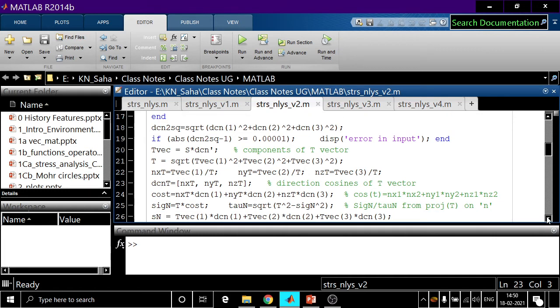Now, what is sigma n? This is our sigma vector. Right? So principal stress along outer normal direction, sigma n, is t into this cos theta, clear? And what is this tau value? On that given plane, it is the square root of t square minus this sigma n square. So we got sigma n and tau n from the first method.